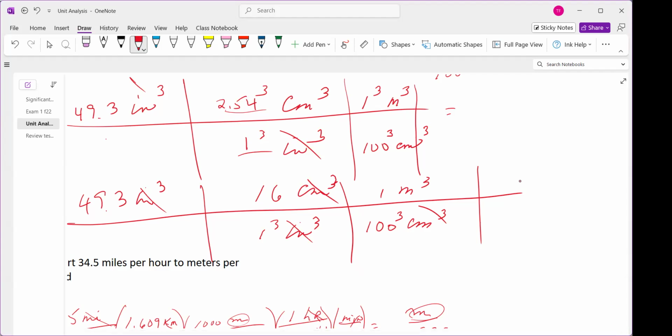This number is that here. This number is that here. Can you multiply this? 100 cubed is what?